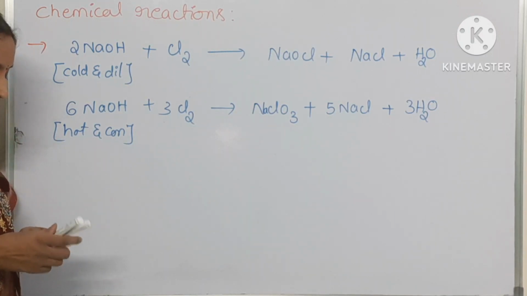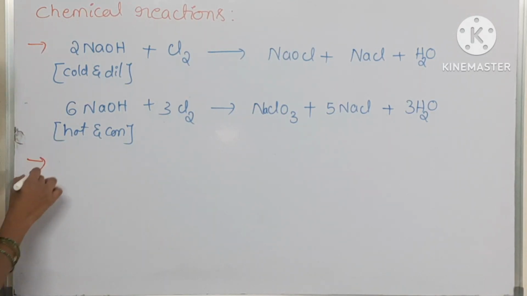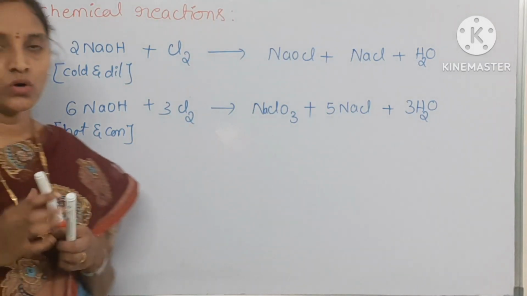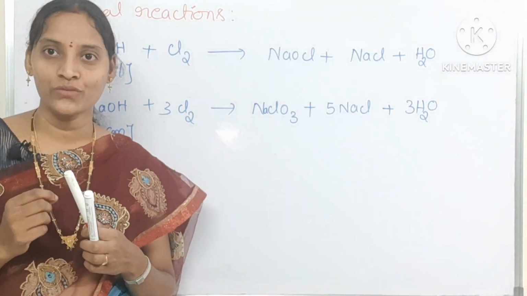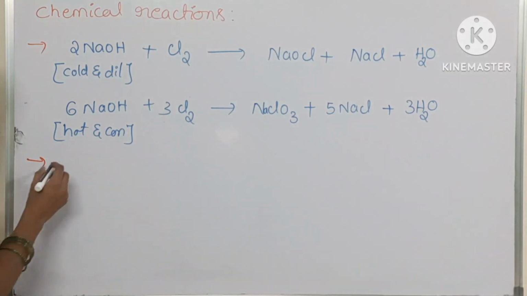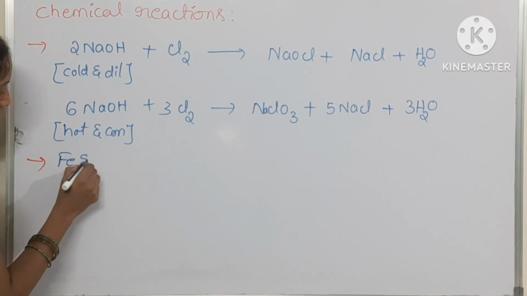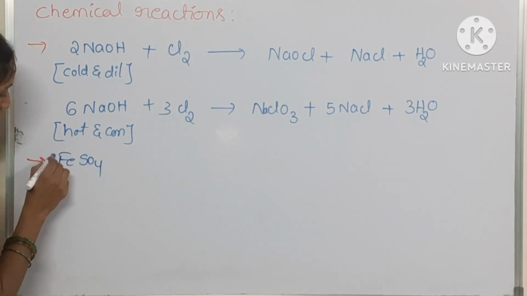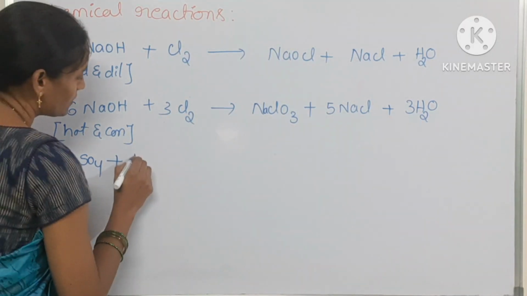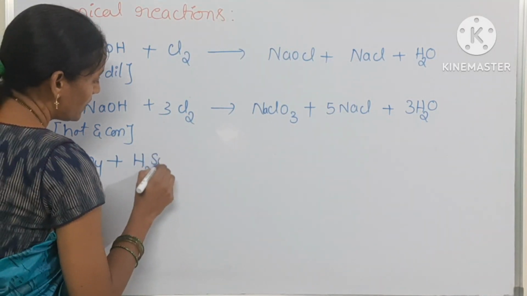In the same way, chlorine reacts with iron, so ferrous converts into ferric. You can see that reaction also. FeSO4, 2 moles you can take, reacts with sulfuric acid and chlorine.